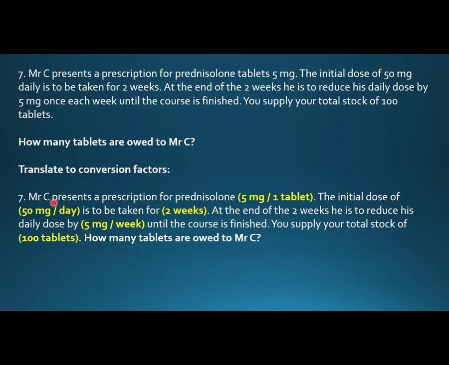Initial dose 50 milligrams per day. 2 weeks is our time, and then it's going to reduce by 5 milligrams per week, and then total stock is 100 tablets. And then I might circle, I bolded it, but how many tablets are owed to Mr. C? Okay. I'm going to show you the short way and the quick way to do this problem, and then I'll show you the long way.